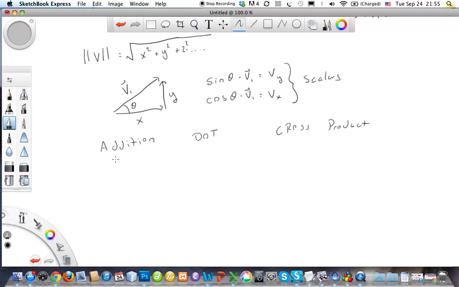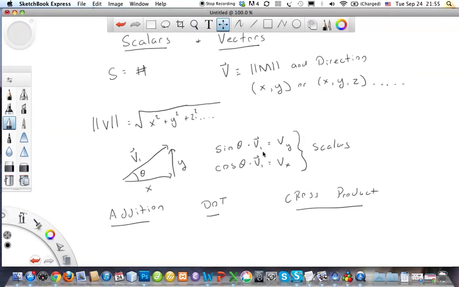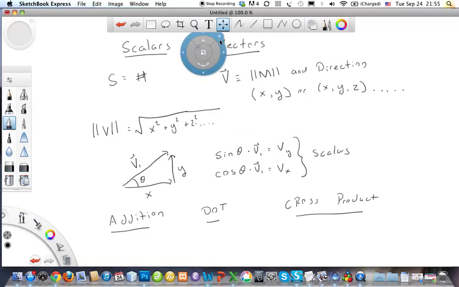In the next video and the videos following, I'm going to go over addition, dot product, and cross product with respect to vectors. We're also going to talk about how if you multiply a scalar times a vector, you get a vector. If you multiply two vectors together and take the dot product, you get a scalar. If you take the cross product, you get a vector.